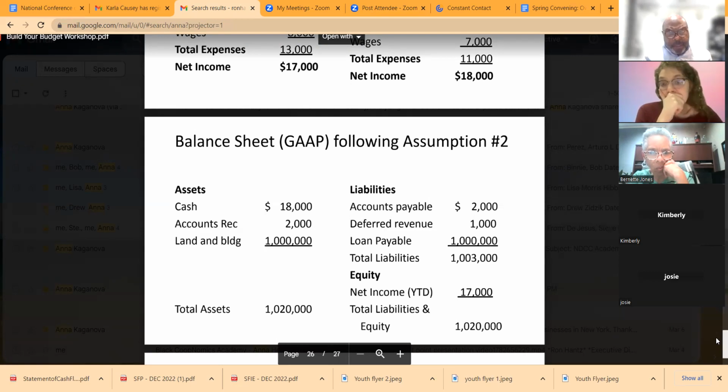I think what is being communicated here is looking at the difference of how you structure your books. Cash versus GAAP. GAAP is the projection of what you have allocated. The cash is what you actually are transacting in the space.